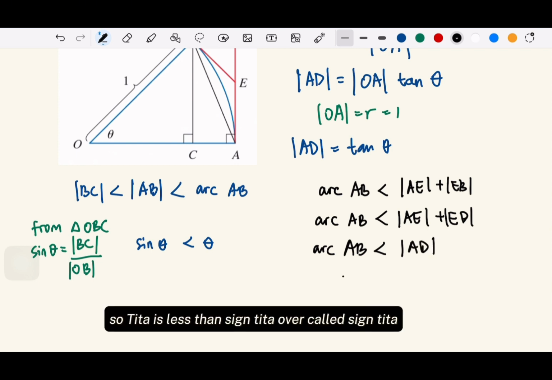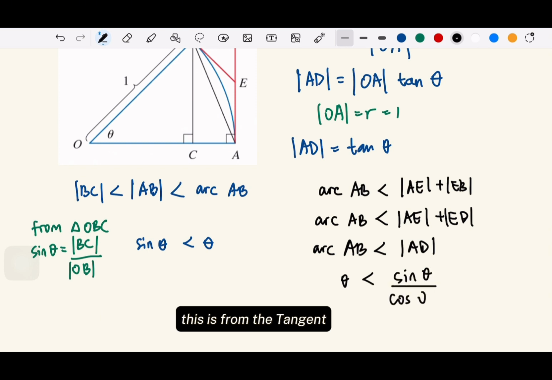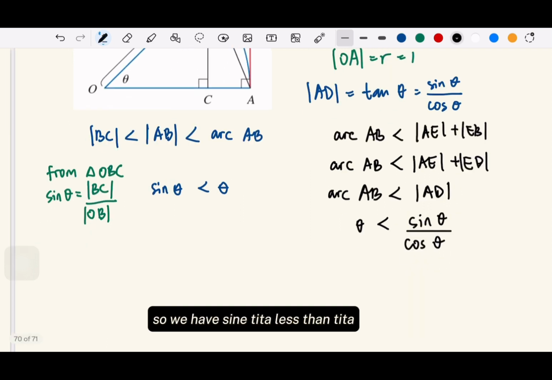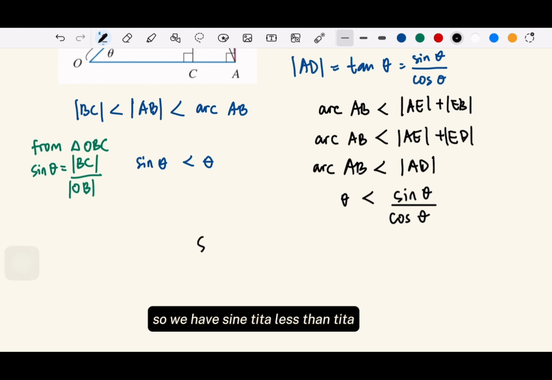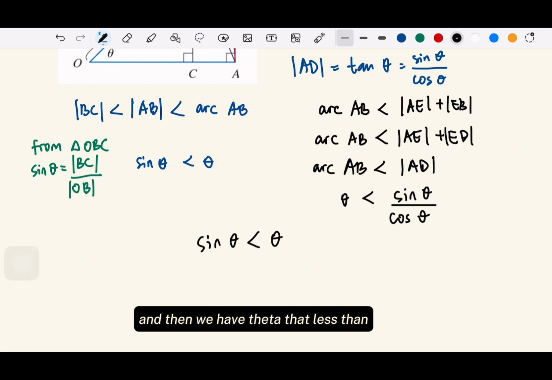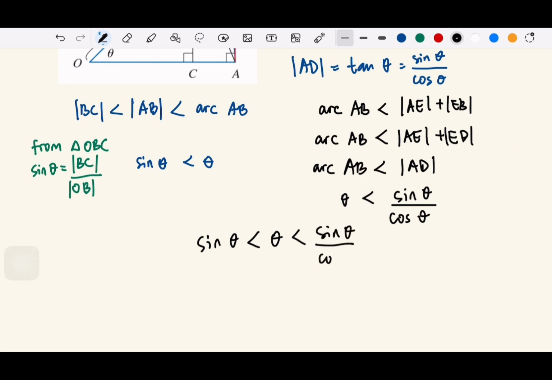So theta is less than sine theta over cosine theta, from the tangent. And we have sine theta less than theta, and then theta less than sine theta over cosine theta.